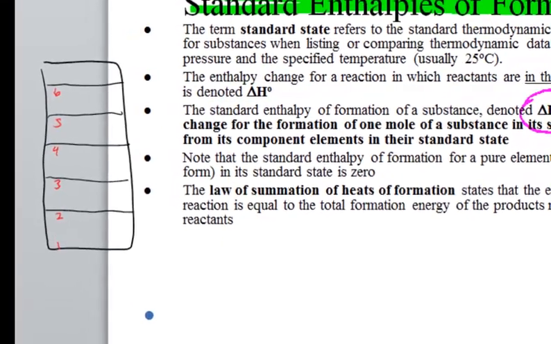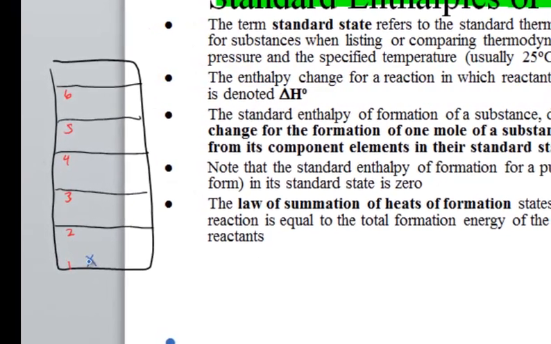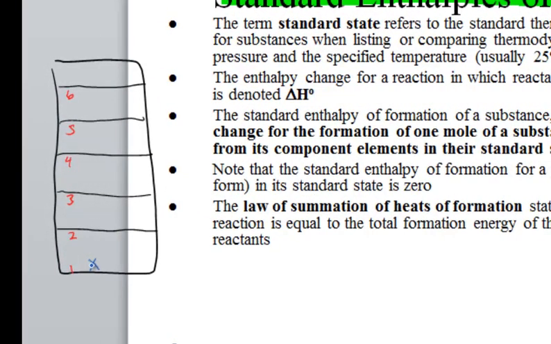So what if we had a building, there were 6 floors, and there was some object X on the first floor, and you measured what the energy change was to go from 1 to 3. So you know that energy change. In a separate experiment, you measured how much energy it took to go from 1 all the way up to 6. So you have the changes for both of those.